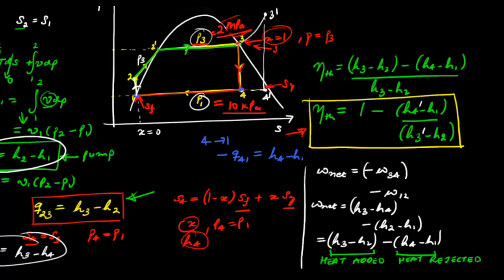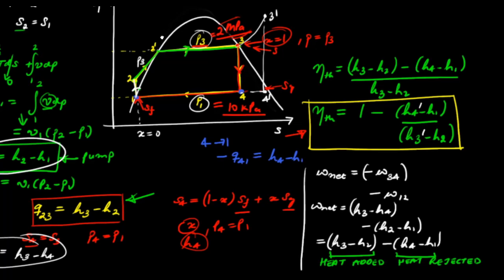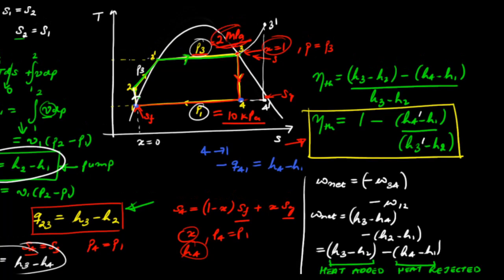Then you can use this expression to calculate the efficiency. Now if you have superheat, then in addition to this pressure that is 2 megapascal, you also have to specify the temperature up to which the steam is being superheated. So let's say this temperature is 300 degrees Celsius, then you can determine this particular state, because now you know the pressure 2 megapascal and the temperature of this superheated vapor at state 3 prime.